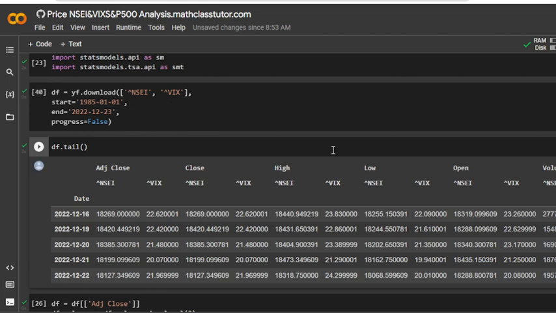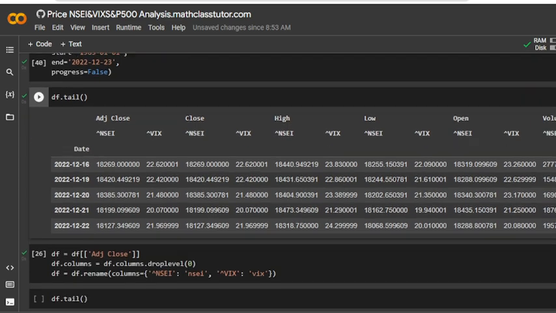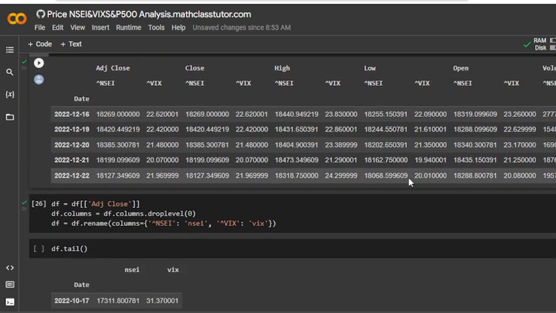We have a number of columns, but we need only one column for NSEI and one column for VIX. So I am taking the adjusted closing price for NSEI, and we also need the VIX price, the adjusted price for both of them. I don't need the other data.